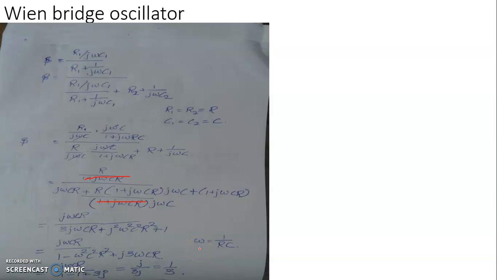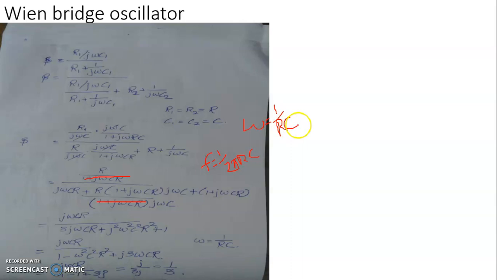Now we have a limitation. Clearly, the oscillation produced by the parallel resonance circuit will have an angular frequency omega equal to 1 by RC, where frequency is given by 1 by 2 pi RC, so that 2 pi F is equal to omega equal to 1 divided by RC.